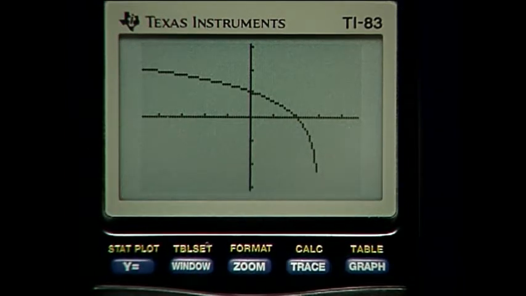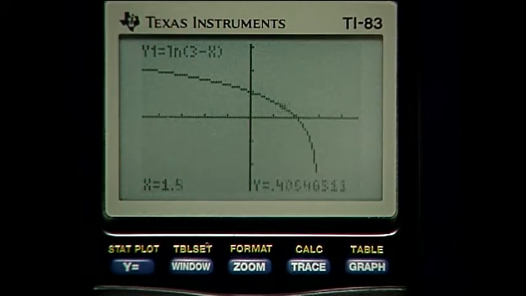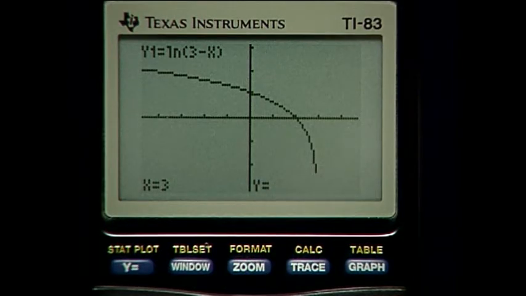Well, to verify that further using the trace button, we can trace over and get near 3. Let's see, as we come near 3, notice now I'm at 2.8, 2.9, and when I cursor over to 3, there's no definition for y. So the x's are defined for only values that are smaller than 3, as we expected from the calculation of our domain.